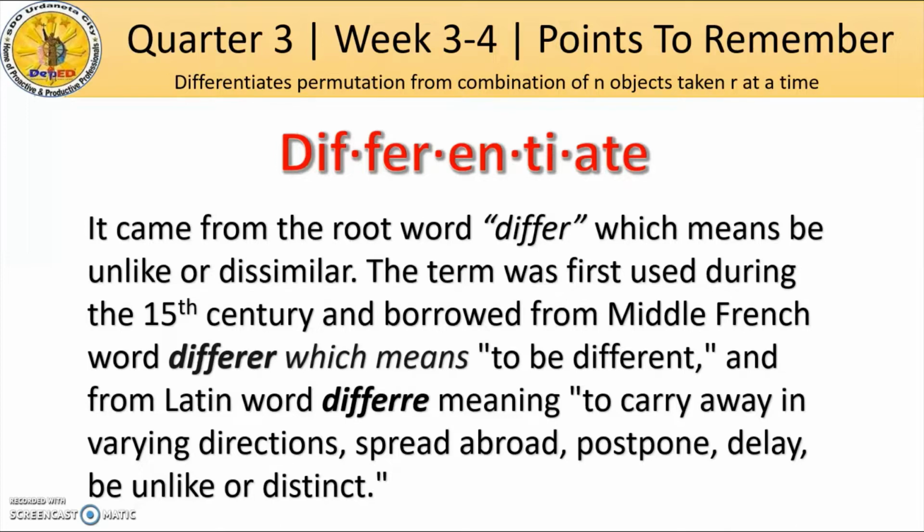The term was first used during the 15th century and borrowed from the Middle French word differer, which means to be different, and from the Latin word differre, meaning to carry away in varying directions, spread abroad, postpone, delay, be unlike, or distinct.